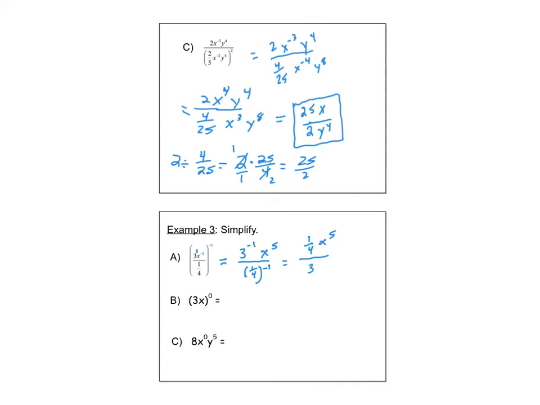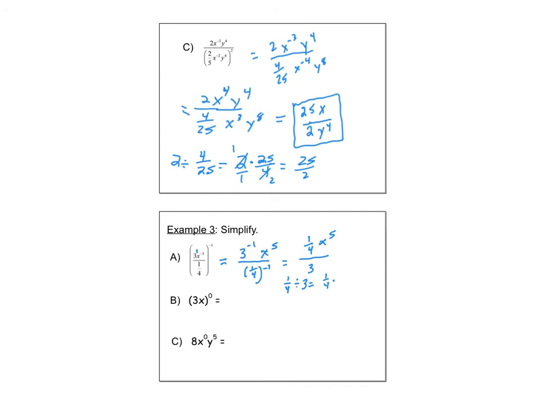So now I can't simplify the variables any farther, but I can certainly simplify that fraction divided by that number. So if you think about it, it's 1/4 divided by 3, which is the same thing as taking 1/4 times the reciprocal of 3.